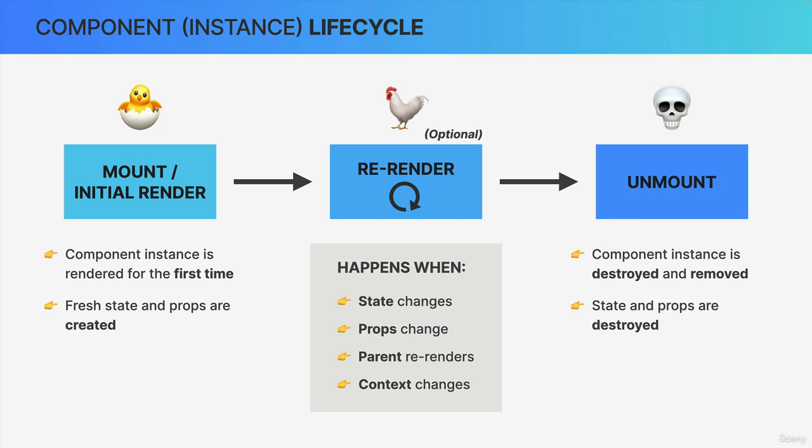And of course, we have already seen this happening many times in the applications that we have been building. So this can happen when users navigate to a new section or a new page of the app, or when they close the app altogether. Now, of course, a new instance of the same component can be mounted later, but this specific instance is now gone, so it has been unmounted.